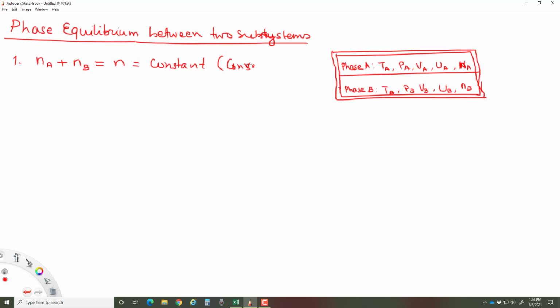Mass can neither be created nor be destroyed. And then the volume is also constant. Again, sometimes phase A may have higher volume than phase B, or phase B may have higher volume than phase A, but the total volume is always constant. These are the things that I meant when I talked about the shift in the boundary.